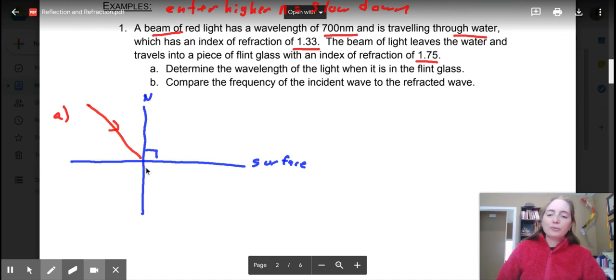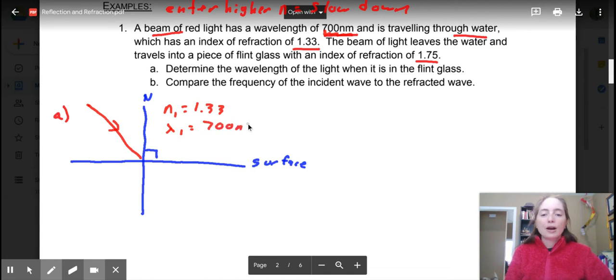Now, note we have in water, ladies and gentlemen, our index of refraction of 1.33. We have also been given a wavelength of our light here. So our lambda is 700 nanometers.